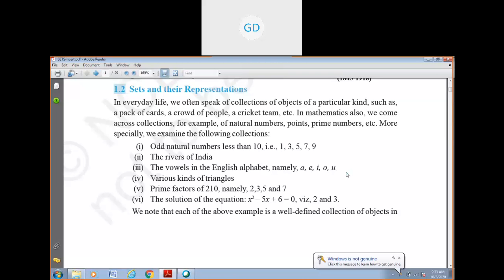In examples, you can say yourself so many examples.